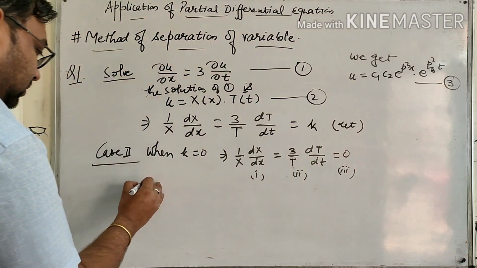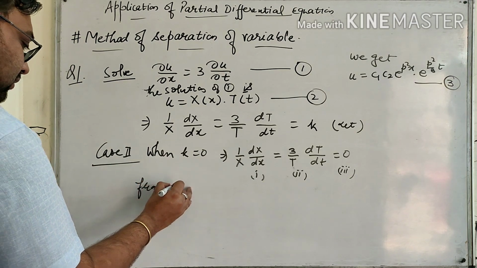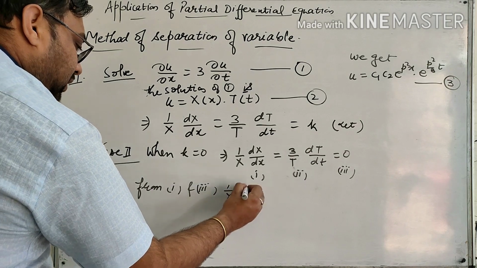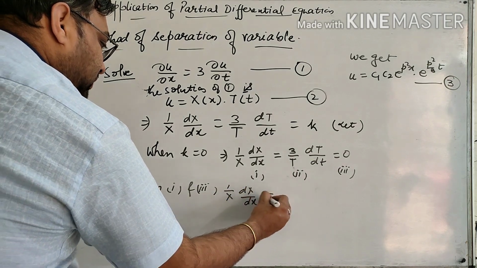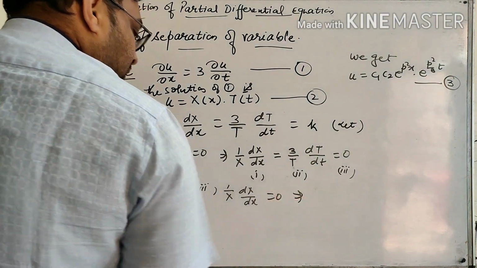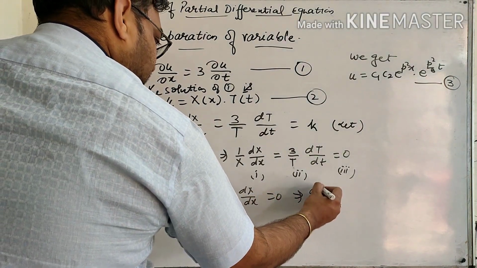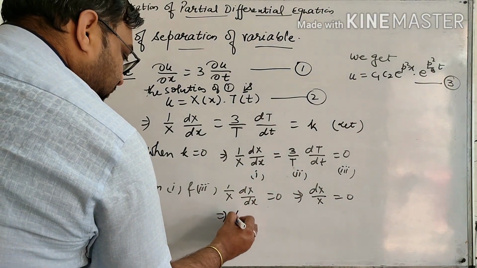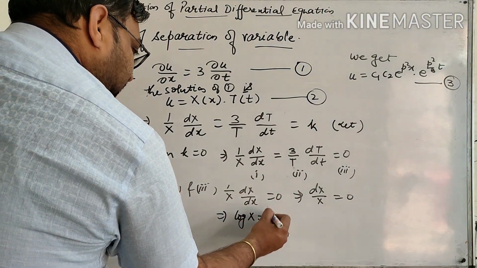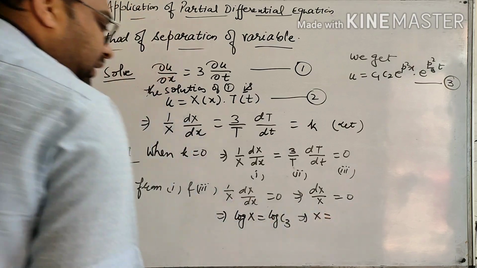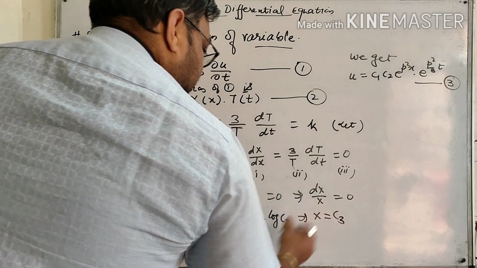Again by the same process, we are taking from first and third: (1/X) dX/dx equals 0. So what do we get? dX/X equals 0. It implies log X equals log C3, or we can write X is equal directly to C3.